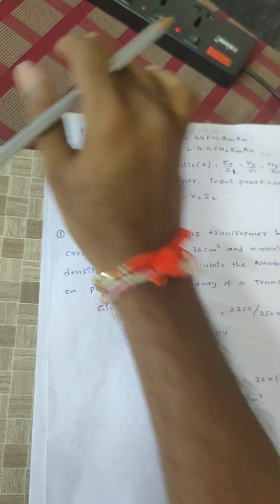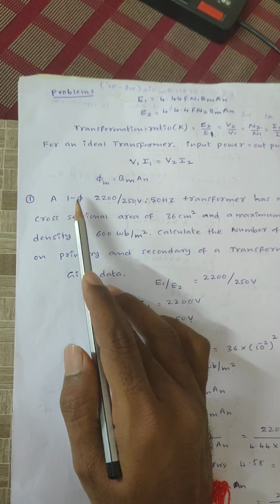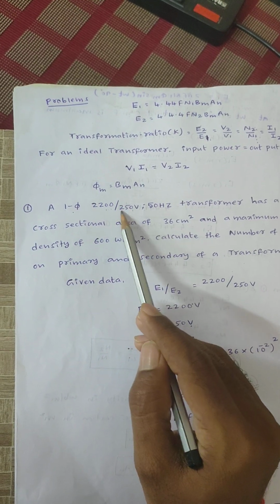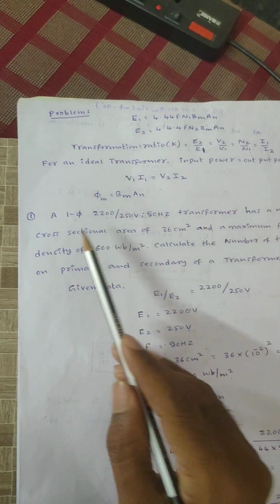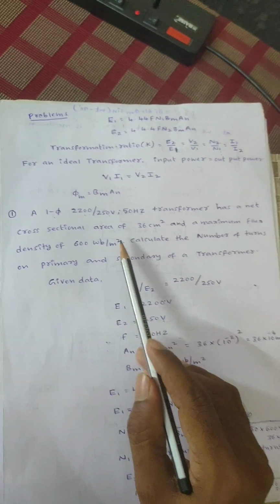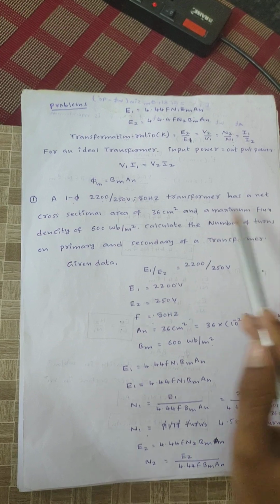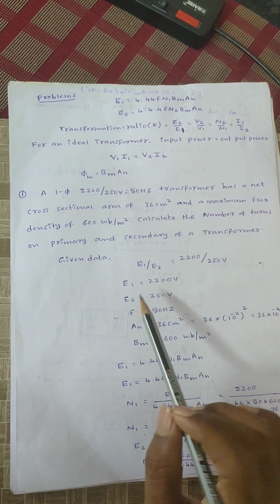Now we will solve one problem on the EMF equation of a transformer. A single phase 2200 by 250 volts, 50 Hz transformer has a net cross sectional area of 36 centimeter square and a maximum flux density of 600 Weber per meter square.